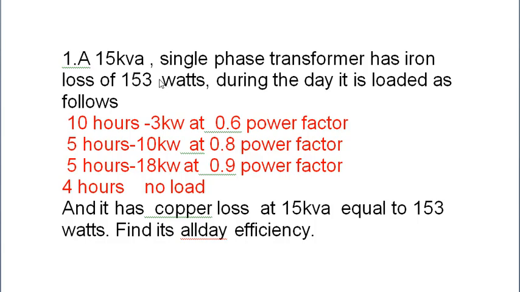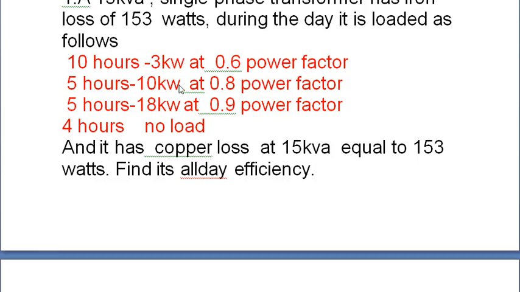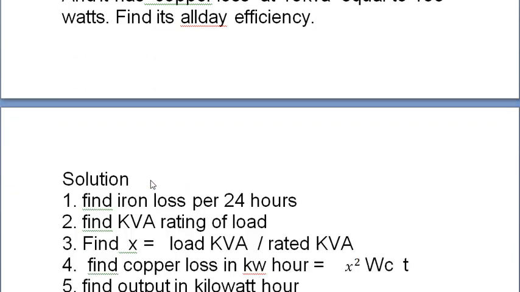So we have to calculate iron loss for 24 hours. Why? Because the distribution transformer is connected to the main lines throughout the year, 24/7. So we are taking one day, which means 24 hours.